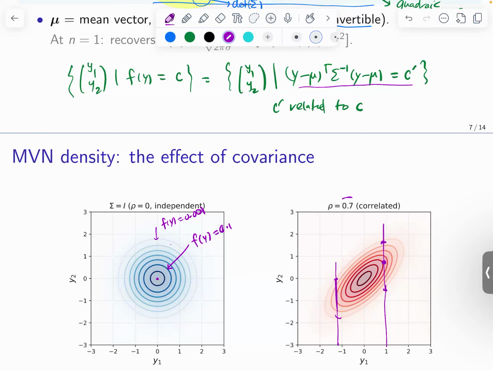You can see from the contour because the probability is higher there and it's centered near here. So if I know y1 is 1, most often y2 would be around this point. So the correlation tells you that if I know one, I know more information about the other.